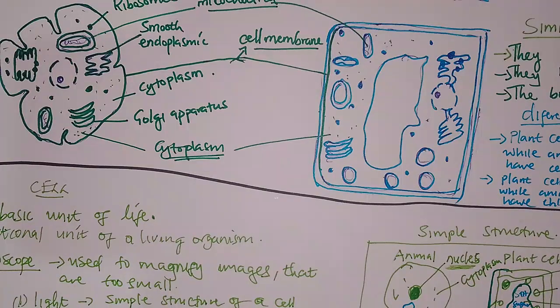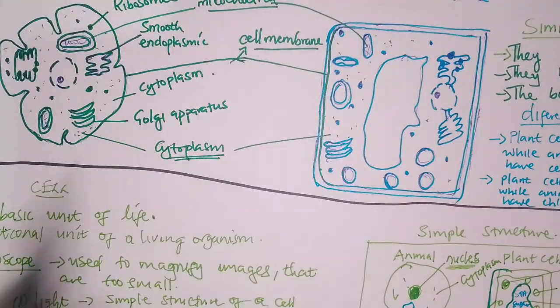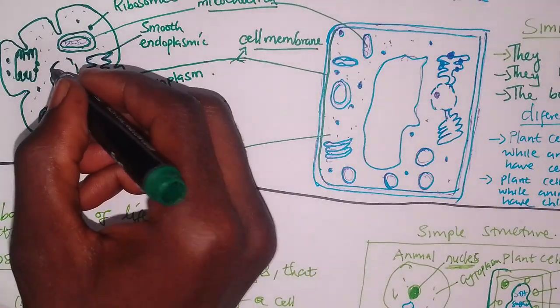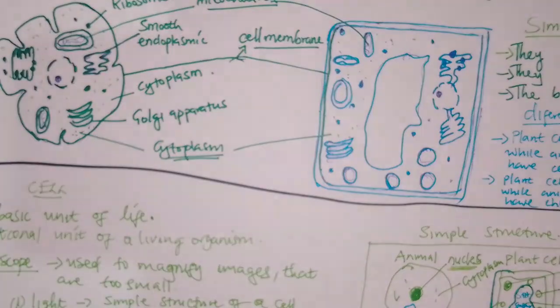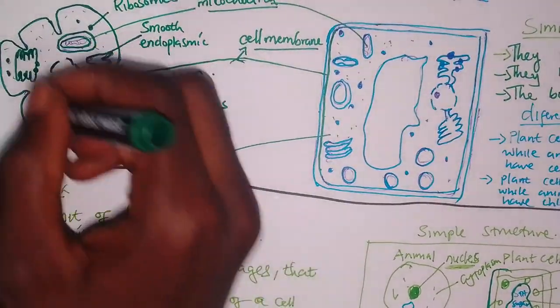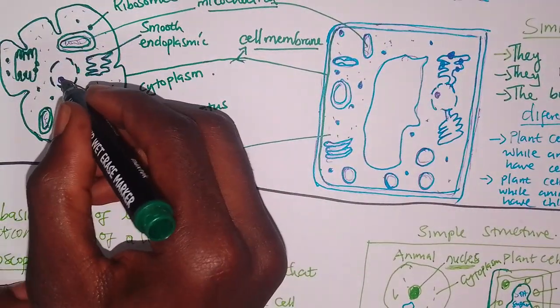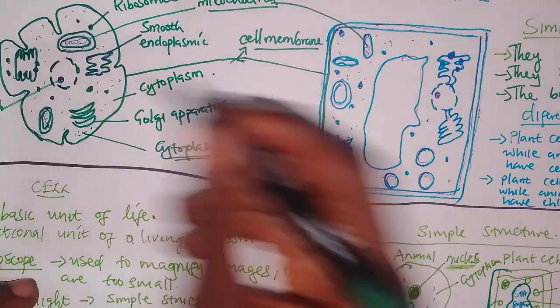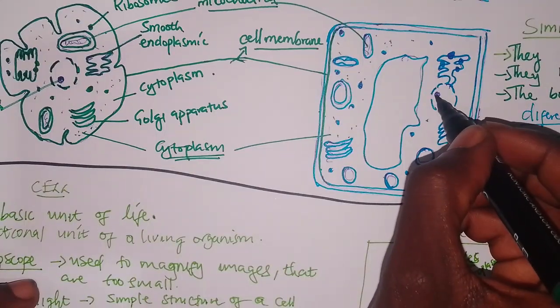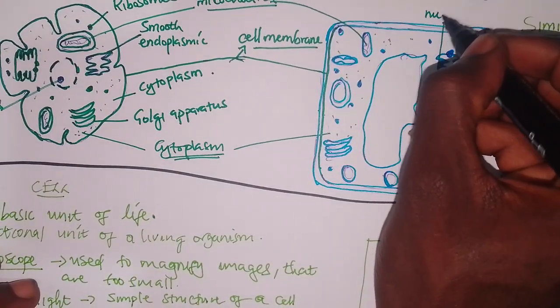So the nucleus is this part. Whenever you see a dotted-like structure surrounding something, just know that that is the nucleus. So this small part is what is known as the nucleus. Even here, this part is known as the nucleus.